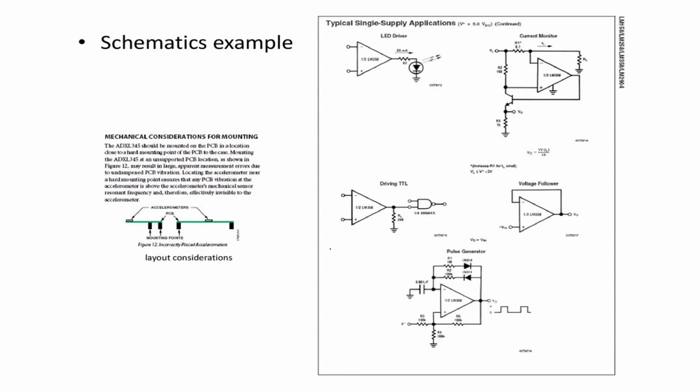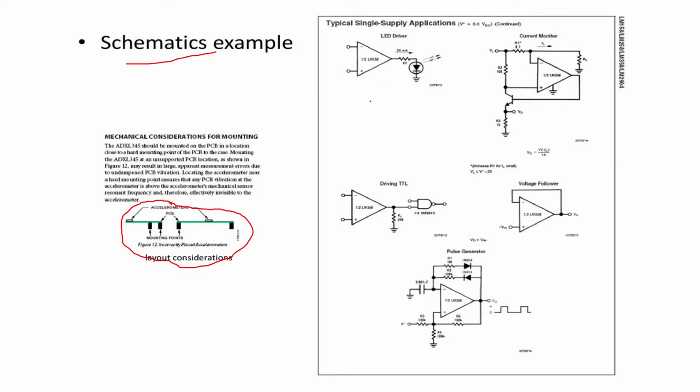Then you also have schematic examples. You can have mechanical considerations for mounting, how to mount them and all. Those instructions also will be given as shown here. Layout or considerations. Okay, these are schematic examples. Then you have typically single supply applications.